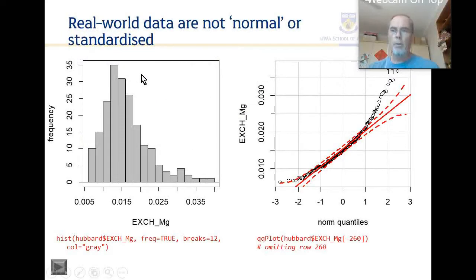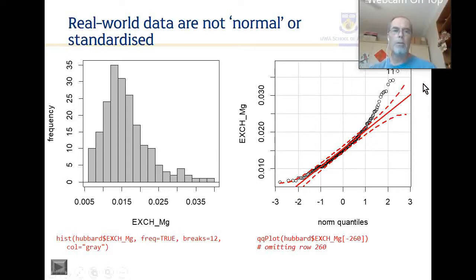Okay, so in the real world, our variables, such as exchangeable magnesium in the Hubbard dataset, are not normally distributed, not without transformation. We can assess this using a histogram where we can see a skewed distribution with a tail towards high concentrations, and also in the QQ plot where our data are not linear or not along the ideal normal distribution line of the QQ plot, nor are they within the 95% confidence intervals.